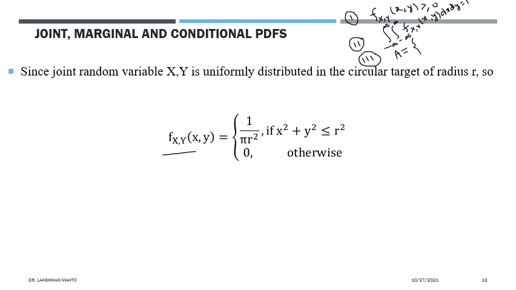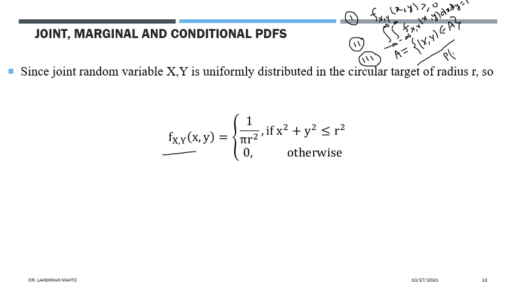The third property says that if you take an event, it is defined by some associated property: the collection of all points such that the joint random variable falls in a certain set and satisfies certain conditions.